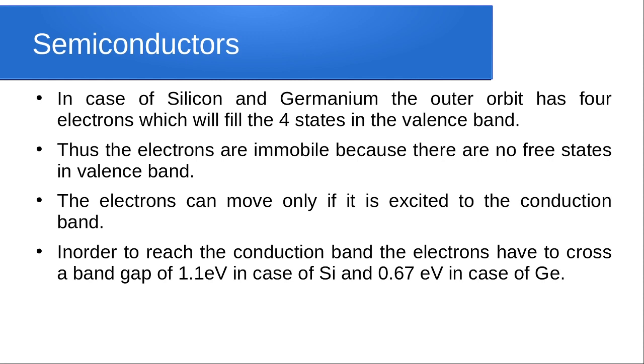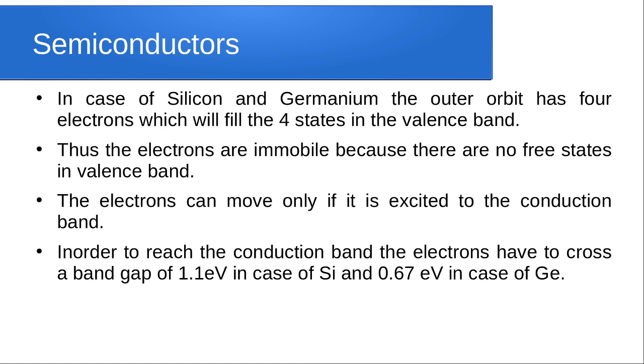As in the band gap diagram, we know that as we are having 4 states in the valence band, we are also having 4 states in the conduction band. So only when the electrons are excited from the valence band to the conduction band, electrons have free states to move.